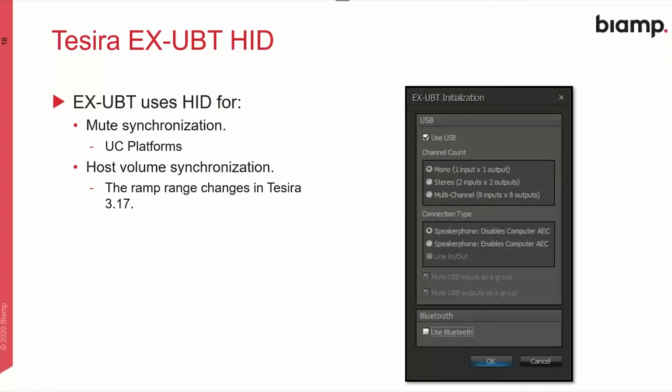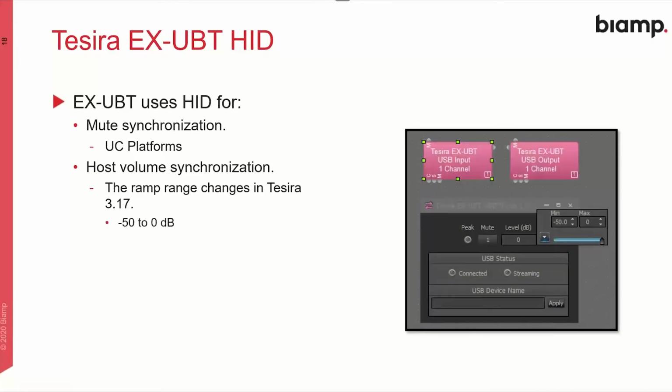So, this is only implemented on a speakerphone, so when speakerphone is enabled, but the range is now a little bit more limited. Previously, the range was -100 to 0, and we actually had a case or two where TTP, Tesira Text Protocol, was being used by a control system to track to this level range.